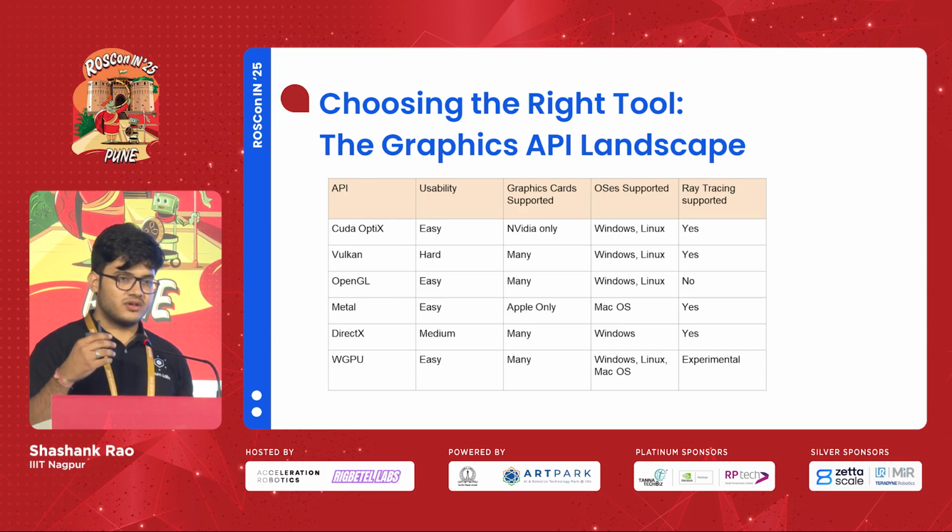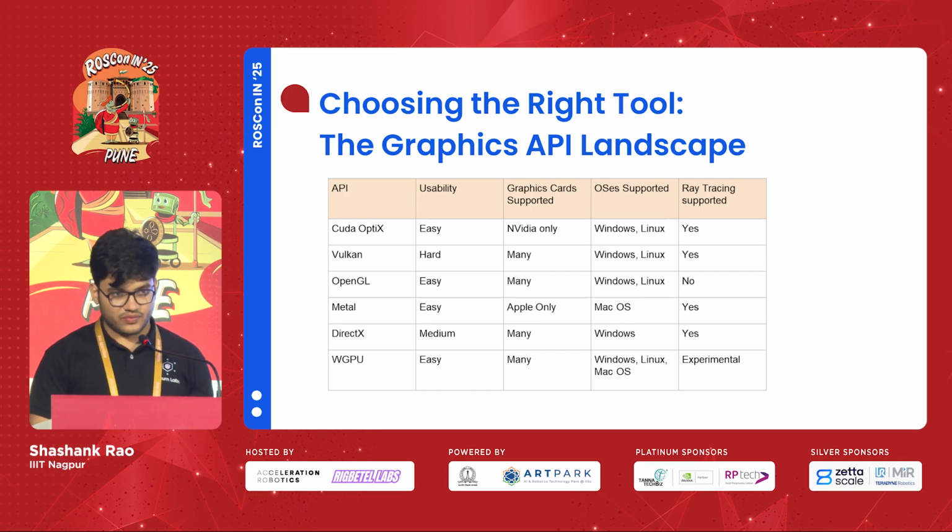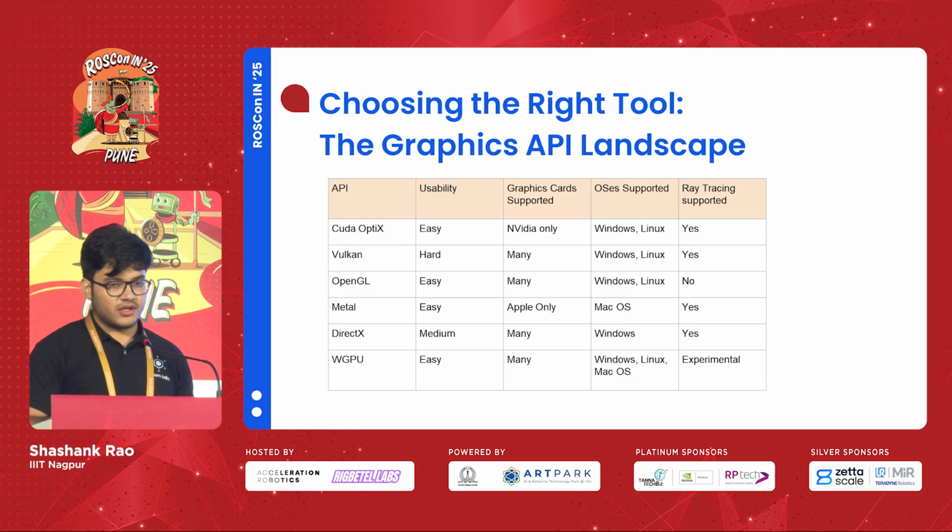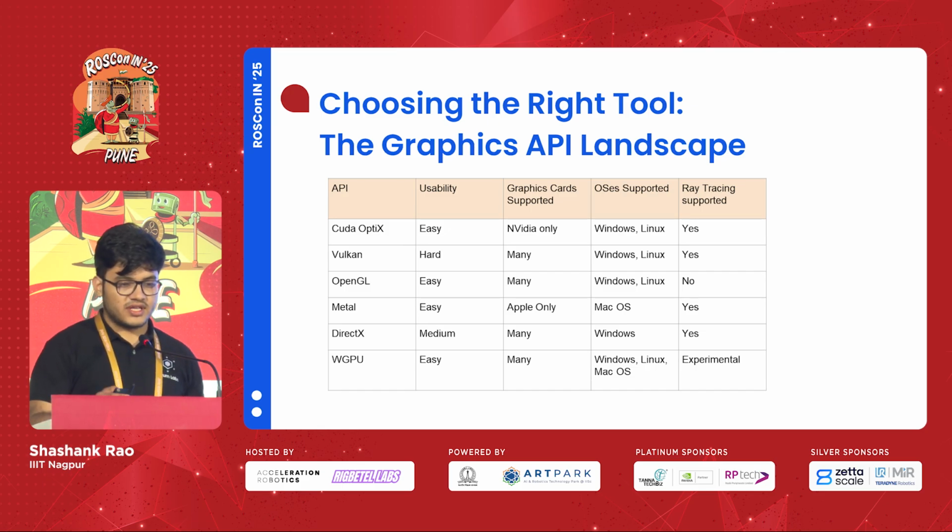But we wanted something that is not vendor locked, a tool that would run on every type of supported hardware, be it NVIDIA, AMD, or even Intel. For this, you can see the last option, WGPU, which we picked. WGPU is a Rust crate implementing WebGPU. It is used as a backend in Firefox, Bevy, and even Rerun.